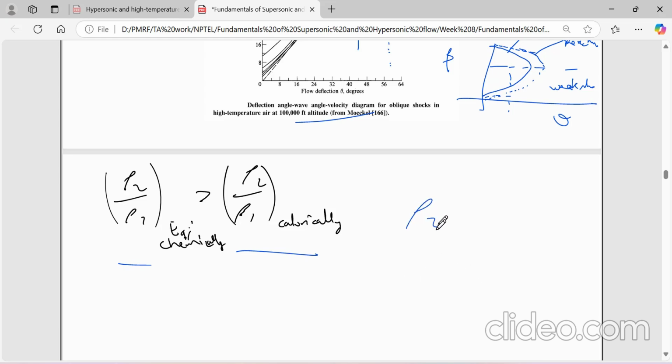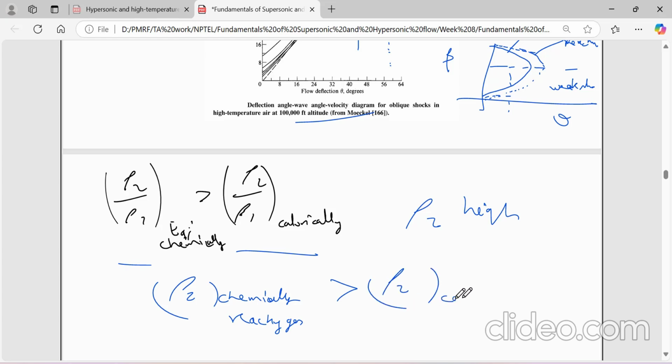So for the same rho 1, rho 2 for chemically reacting gas is higher than rho 2 for calorically perfect gas.